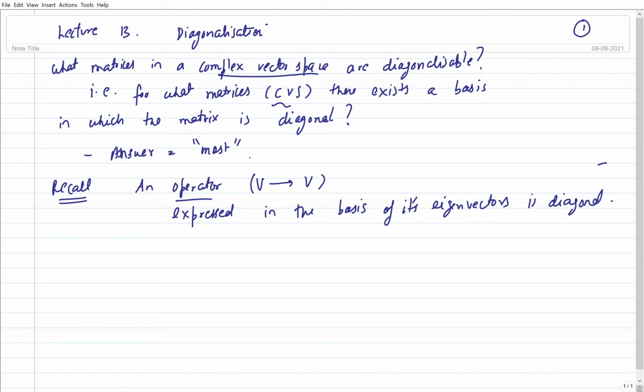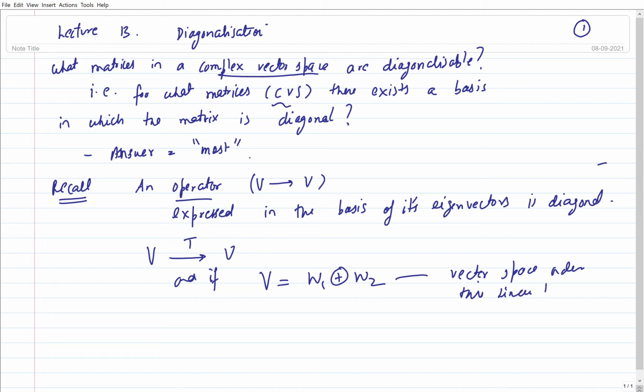And this comes from the notion of invariant subspaces. So let's say I have a linear transformation, and there exist invariant subspaces such that the vector space under this linear transformation can be decomposed as a direct sum of invariant subspaces.